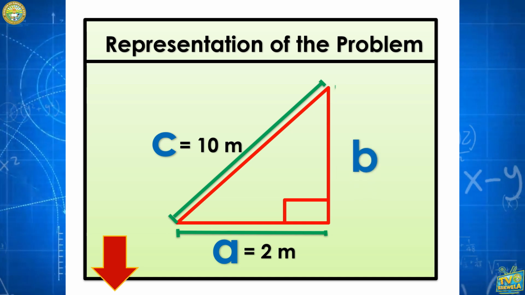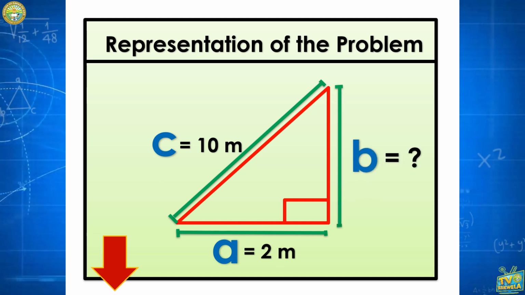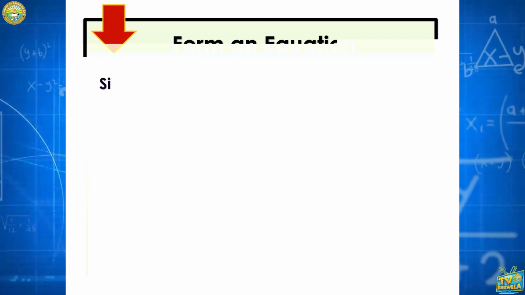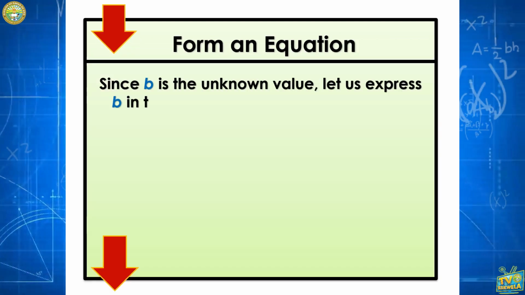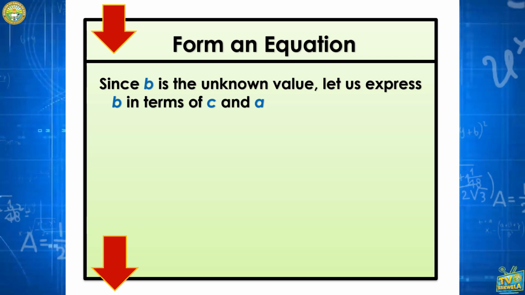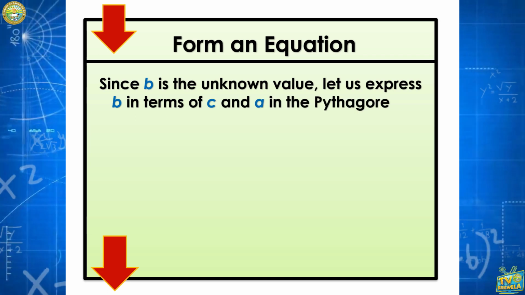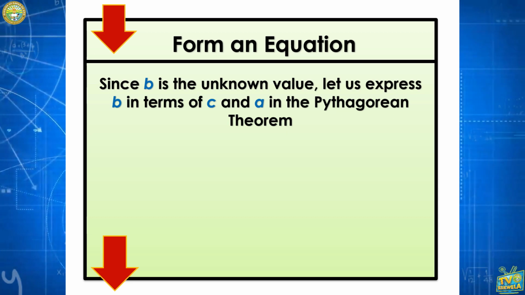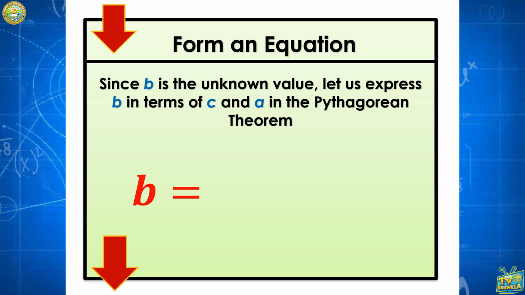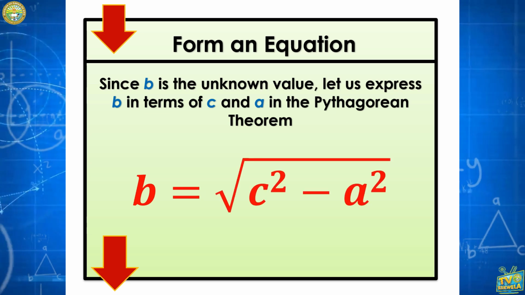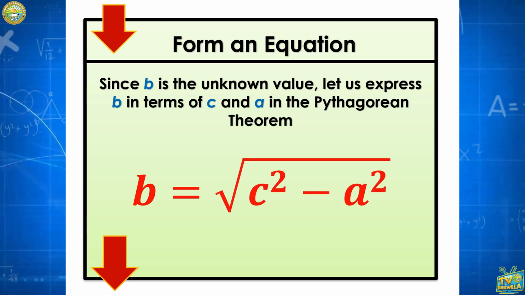And B is the unknown height of the window. Since B is the unknown value, let us express B in terms of C and A in the Pythagorean theorem. That must be B equals square root of C squared minus A squared.